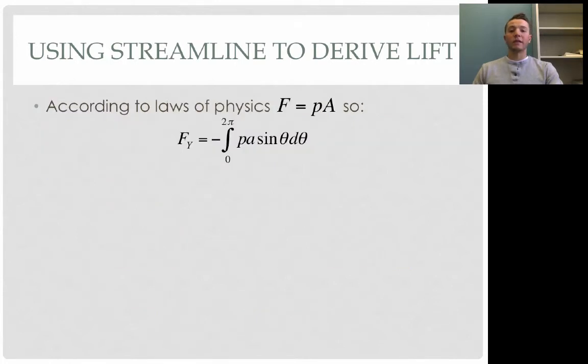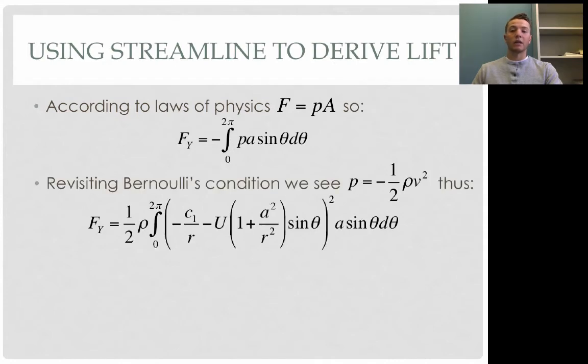And according to the laws of physics, we know that force related to pressure, force is pressure multiplied by the cross-sectional area of the body with respect to that force, and therefore our force in the y direction, again we're talking about this lift being in the positive y direction, is equal to negative the integral from 0 to 2π of pressure times a, being the radius of our cylinder, times sin(θ) dθ.